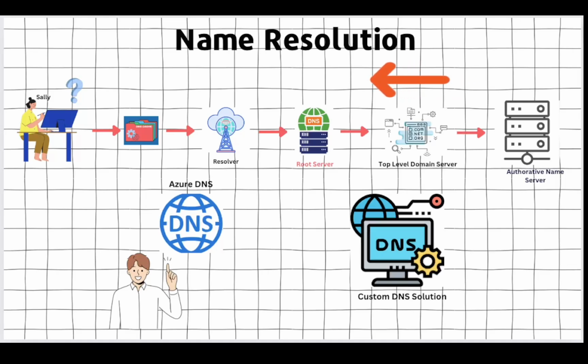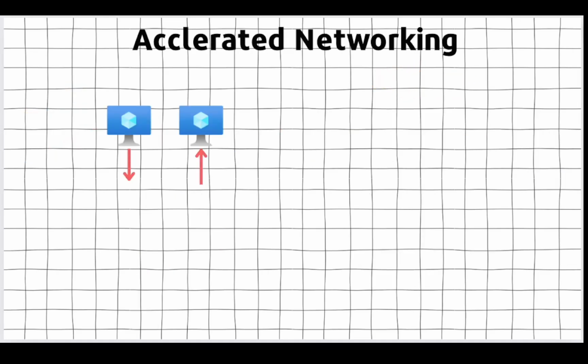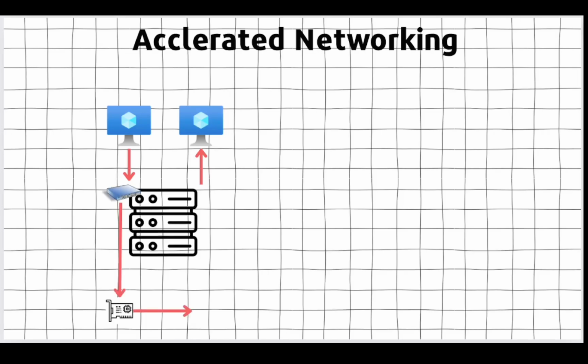Now let us understand accelerated networking a bit more. We have seen accelerated networking earlier, but let's see how it works. When you do not have accelerated networking, your virtual machines communicate via a data path. The data path looks something like this.